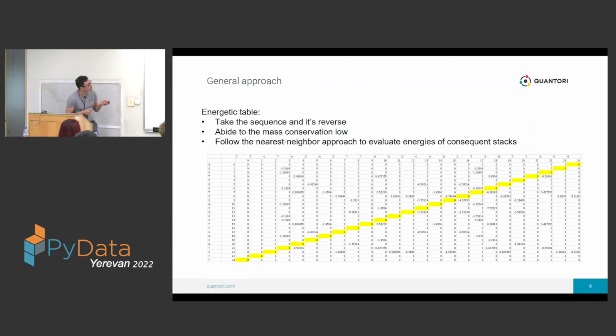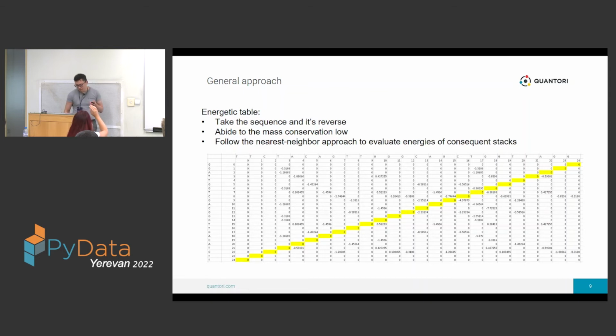The next combination is complementary as well, and it produces energy below zero, and so on. So we pick up sequences of those combinations, and those combinations are called chains, actually. So this is how we build the energetic table, and for secondary structures, we need to not cross this yellow line, because it's a constraint associated with the mass conservation law.